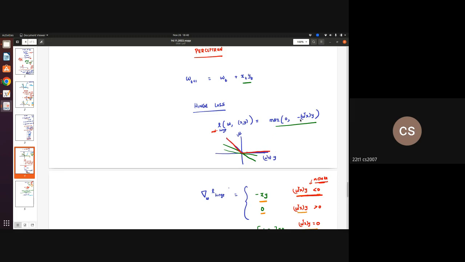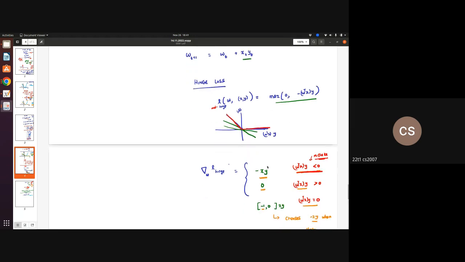Now, since this is a piecewise function, one piece and another piece joined, if you want to find the gradient of this piecewise function, you will do that piecewise. In one case, when this is the loss, the gradient with respect to W is going to be minus xy, right? And in the other case, the gradient will be 0.